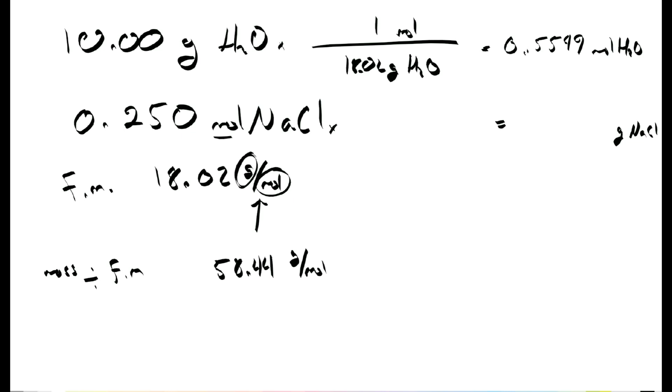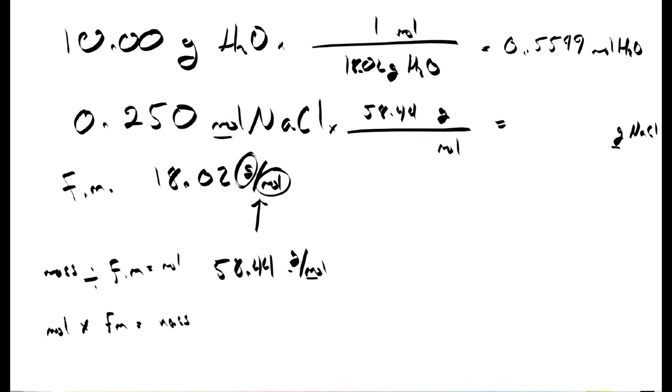Now, we have moles. We want to get to grams. That means we need grams on top. We need moles on the bottom. So we just multiply moles. So mass divided by formula mass equals moles. Moles times formula mass equals mass. So 58.44 grams per mole.